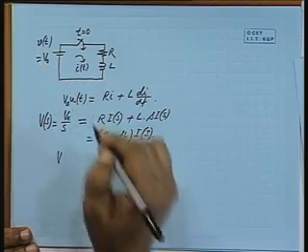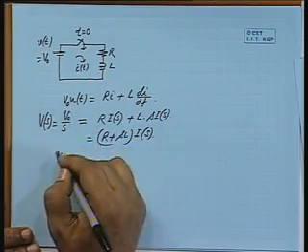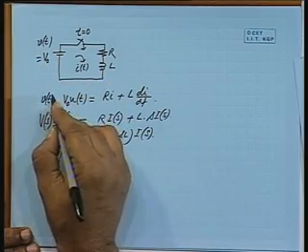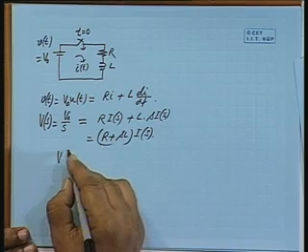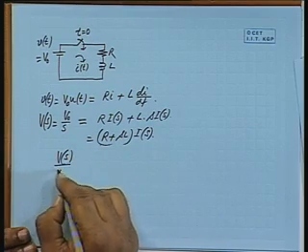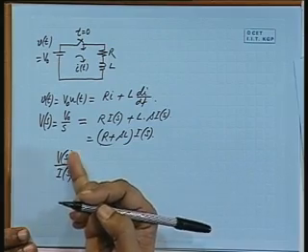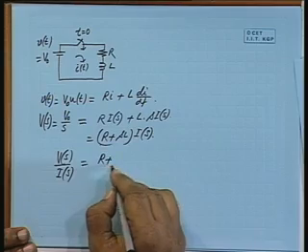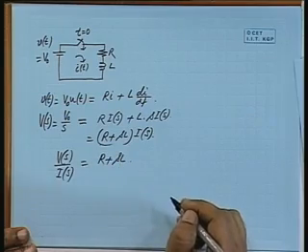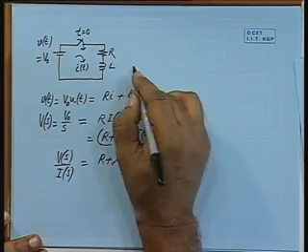In this case it is V naught into u(t). So, V(s) by I(s), that means in the transform domain voltage function by current function is equal to R plus sL.